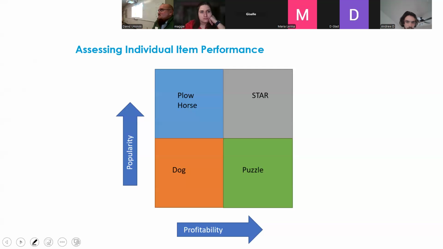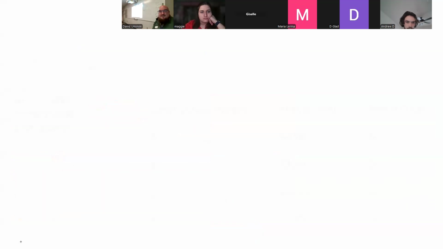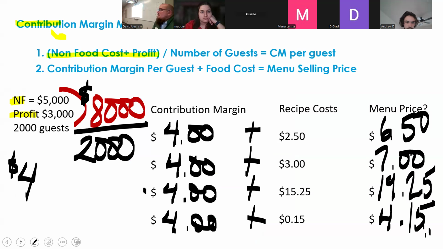And also, can we control if we have 2,000 guests come in or not? No. So what happens if we only have 1,000 guests come in? I'm going to be losing money, because I'm basing it on $4 per guest, when in reality, if I only have 1,000, I should be adding $8 per menu item. So that type of method might be easy and quick to do, but we can't always guarantee what we're going to be bringing in, okay?